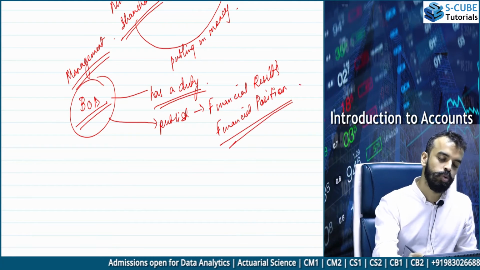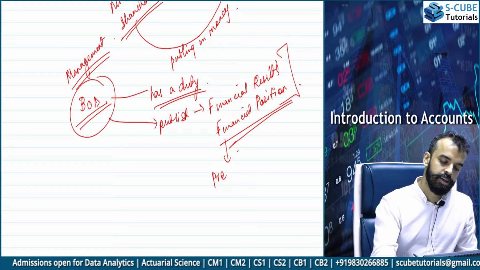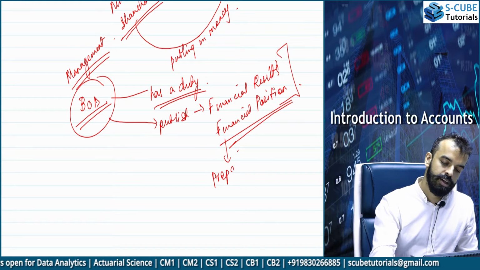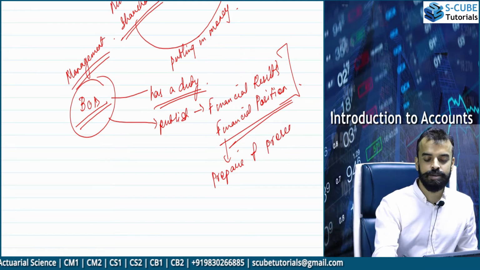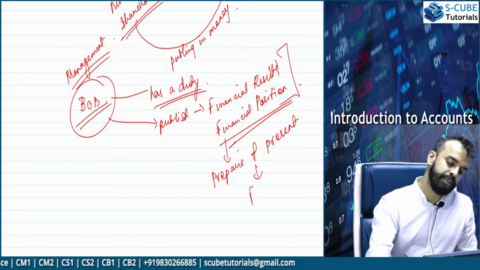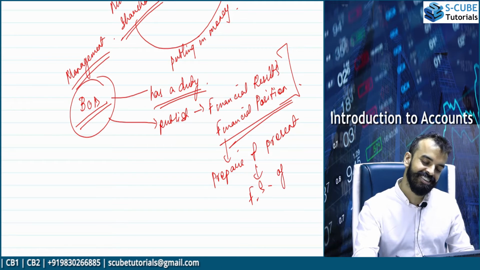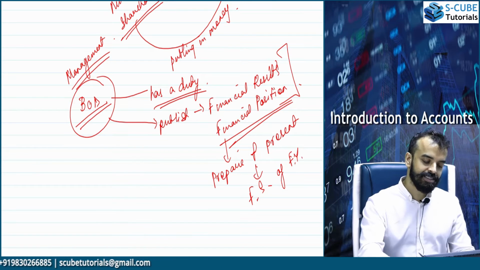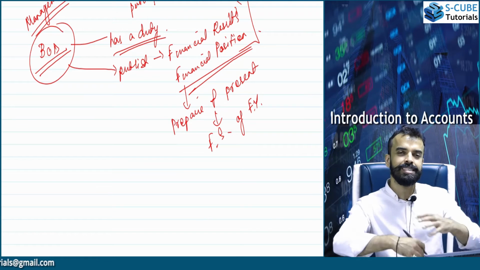In order to do this, they must prepare and present the financial statements, FS, or we call it financial statements, of a financial year. And this is what happens in the company. So no need to worry, all these terms and jargons are becoming very simple.